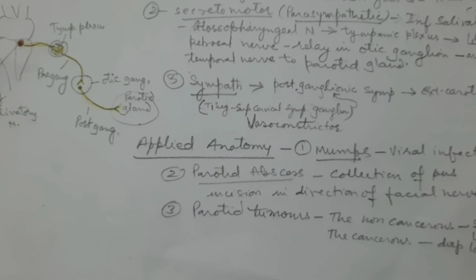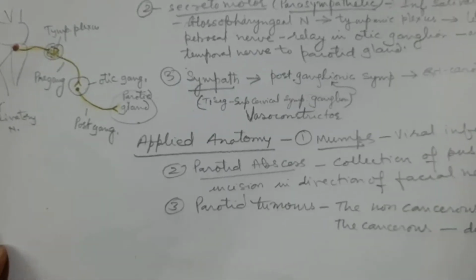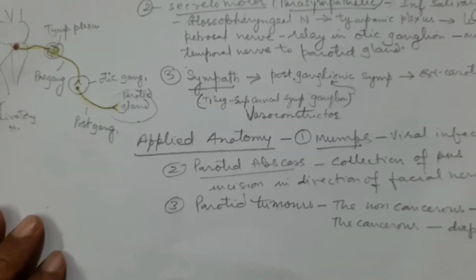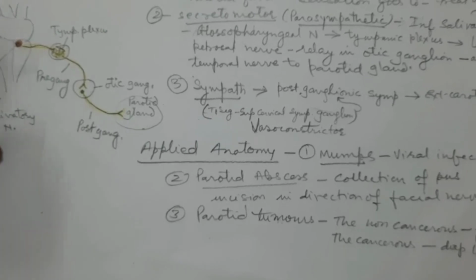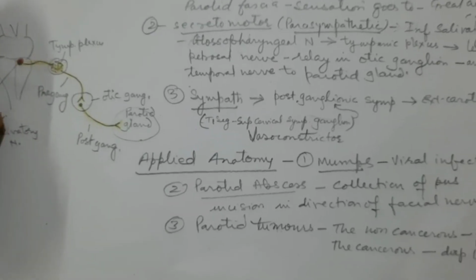So these are non-cancerous swellings. They are usually seen in the superficial lobe, and whatever mass of the parotid gland lies deep to these branches of the facial nerve is called the deep lobe, and the real cancer takes place deep to these nerves, in the deep lobe.